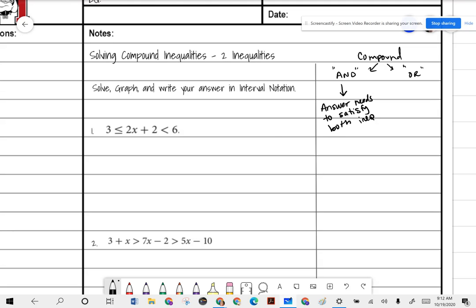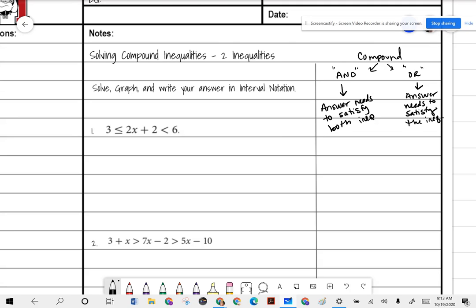Okay, so it has to belong to both. Your final answer will belong to both. The or is just simply it needs to satisfy either inequality. So the answer here needs to satisfy the inequalities.